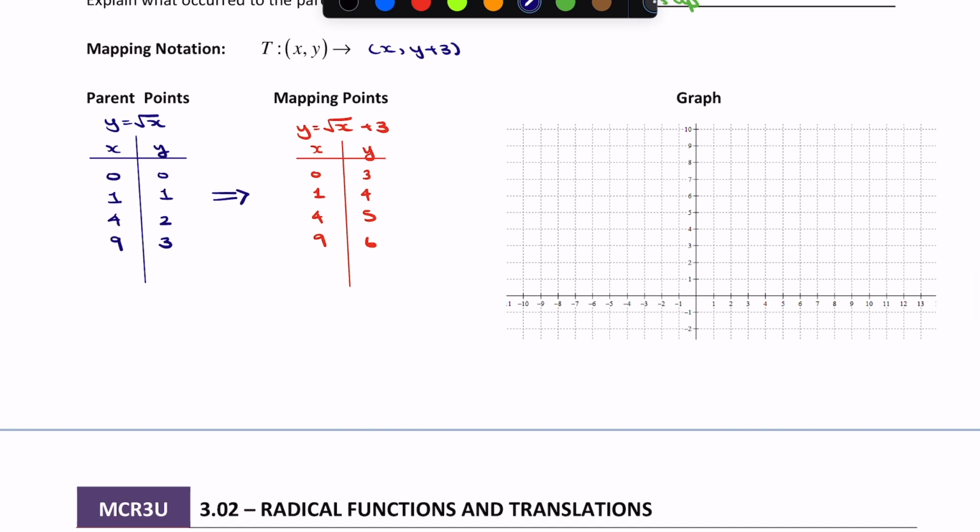Okay, so we're going to graph both the parent function and the transformed function on this graph on the right, just to compare. So we have (0, 0), (1, 1), (4, 2), (9, 3). That is our parent function. And then our transformed function, we have (0, 3), (1, 4), (4, 5), and (9, 6).